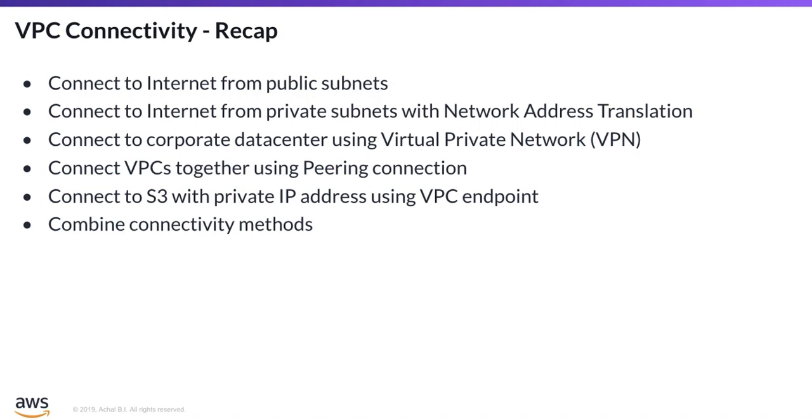You could connect to S3 with private IP addresses using a VPC endpoint. S3 and DynamoDB are services which can be reached using gateway endpoints. And you could combine all these connectivity approaches and build different architectures altogether. So the combination of these architecture patterns can be achieved as well.